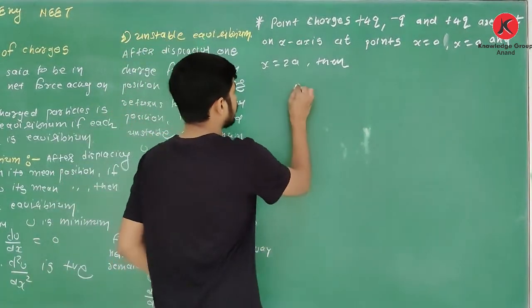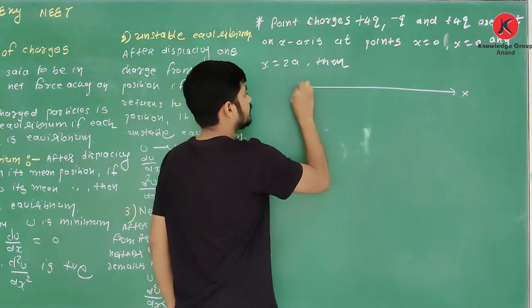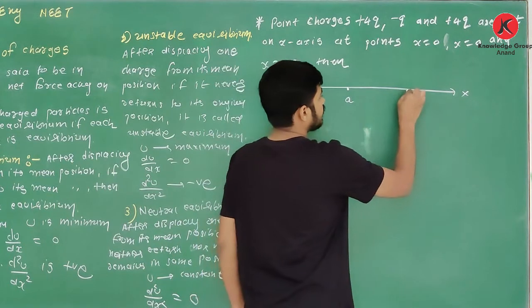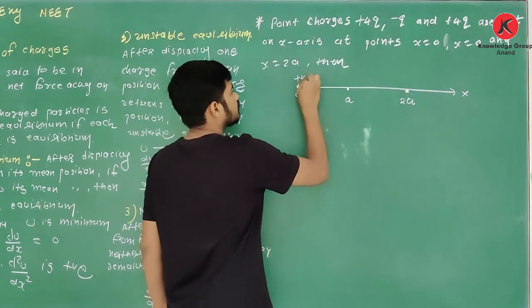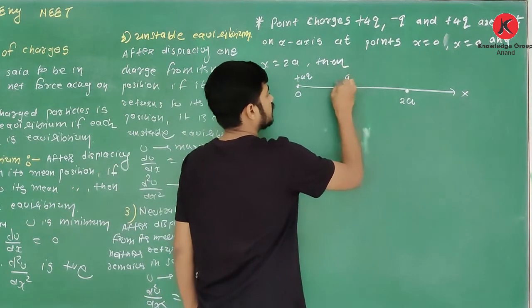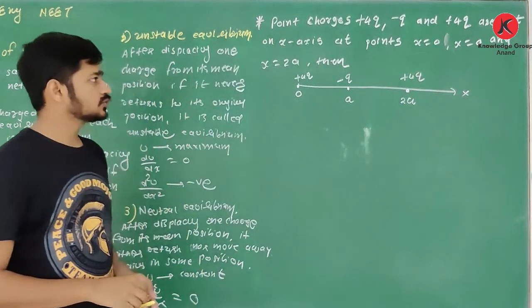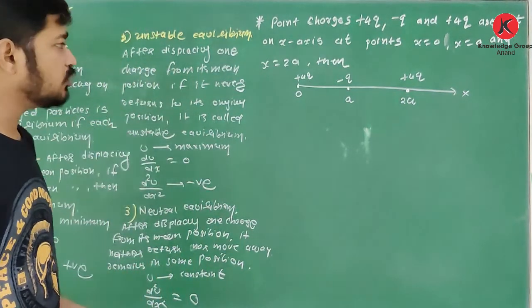First of all, I will draw the figure. X-axis, O, x equal to 0, x equal to a, and here is x equal to 2a. Here is plus 4q charge, here is minus q charge, and here is plus 4q charge. So first of all, we have to find forces acting on each charge.